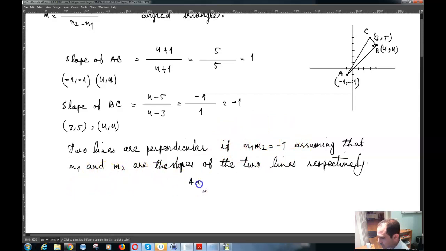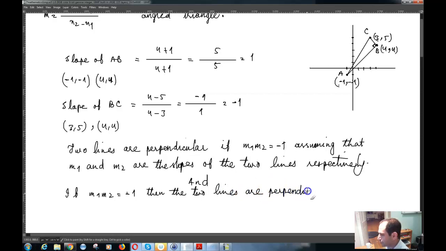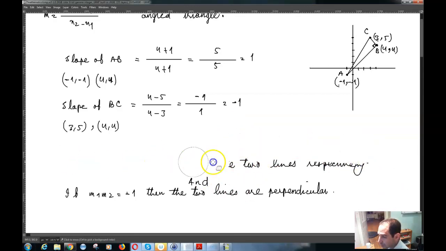You can also say that the converse of this is also true, meaning that if m1 m2 is equal to -1, then the two lines are perpendicular. So I'm going to use this theorem, or whatever you want to call it, over here.